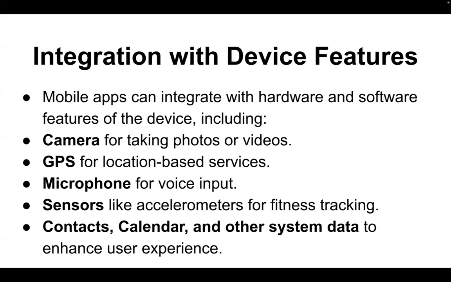What is the integration with? We already covered that all the mobile apps use it differently: camera, GPS, microphones, and sensors. Nowadays, if a fall happens, then automatically it triggers heart related functionalities, like a heart attack alert.